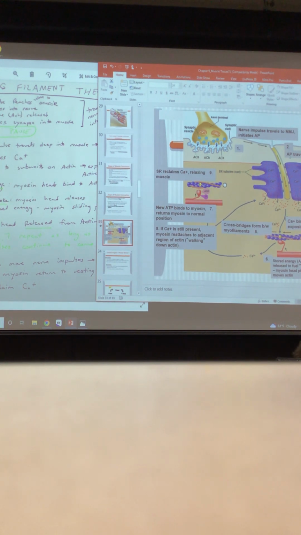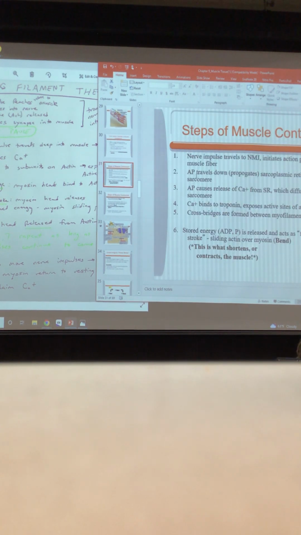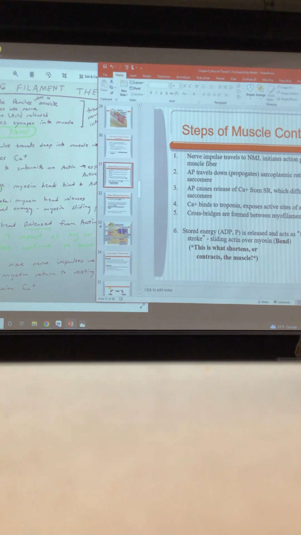Well, now that nerve impulse travels deeper into the muscle. You might see AP or action potential. An action potential is just a fancy word for a nerve impulse.